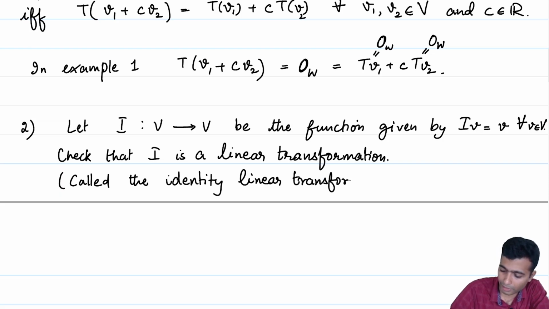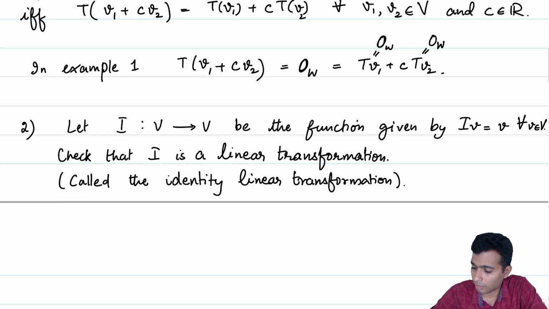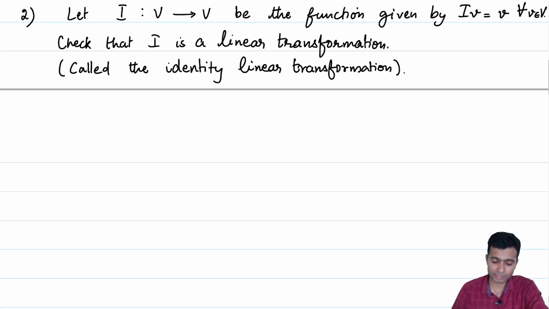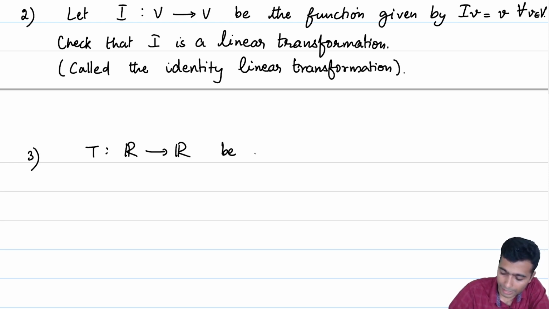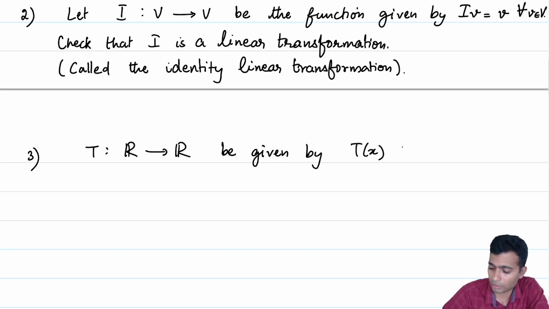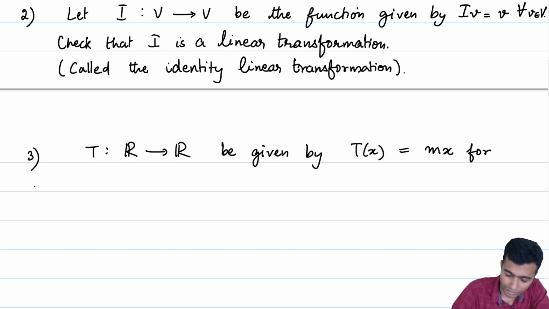So these are two very important and very straightforward examples that we should immediately look at, and let's now look into slightly more interesting examples. Let T be a map from R to itself, given by T of x, an element in R, is sent to m times x for a fixed real number m.